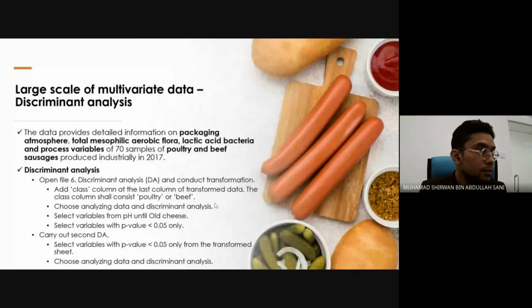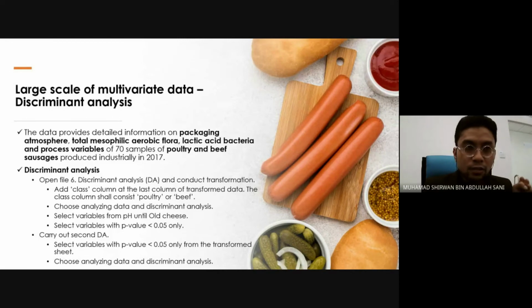Okay. So now we have carried out 2 times of DA. The first one is to just evaluate and then identify the significant variable that is able to discriminate classes or groups by selecting the most significant one based on the F statistic and P value. We rerun again the DA.